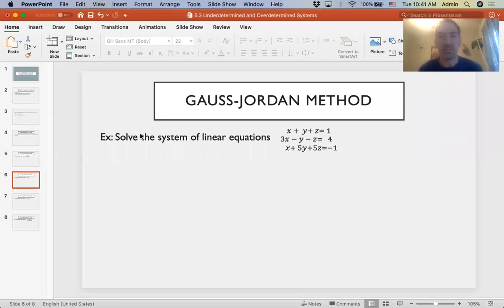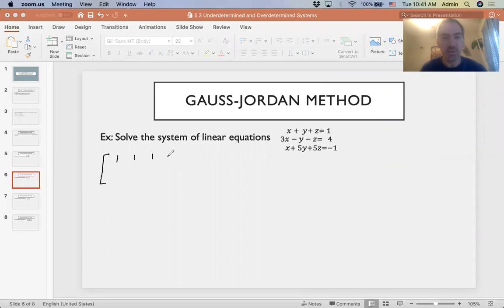In this case, we'll set this up the same way, writing out our matrix. We'll begin with the first column.